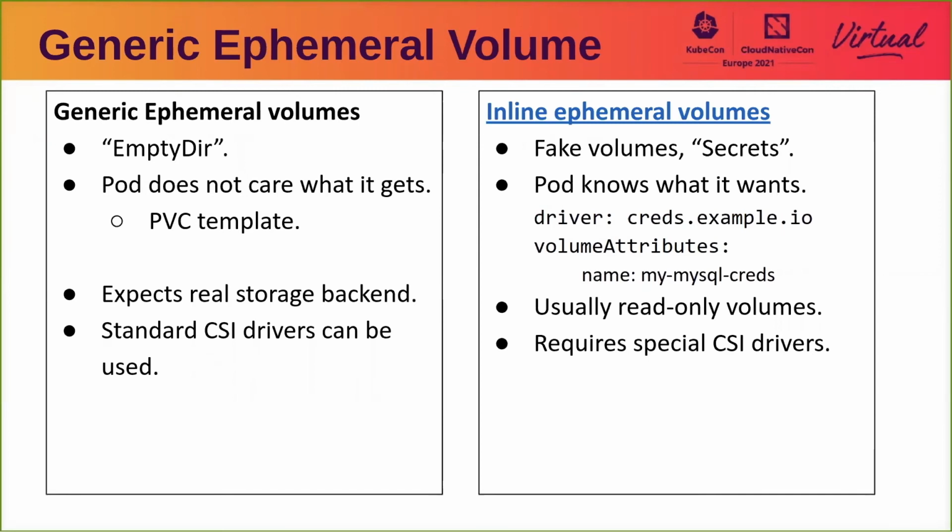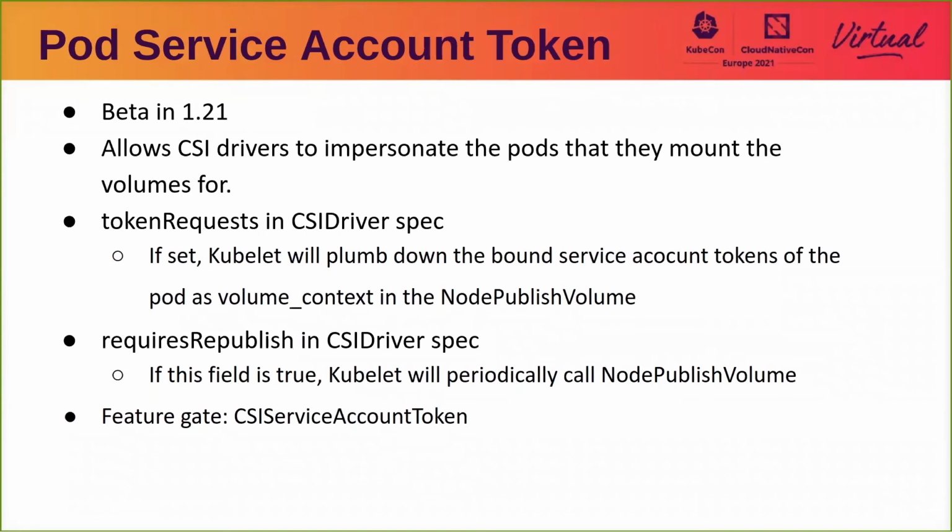And these volumes are kind of read-only or not persistent at all, and they are fake. And what's important here, they require special CSI drivers, because this is a Kubernetes extension of the CSI protocol, and you can't use a regular CSI driver for them. So please distinguish these two kinds of ephemeral volumes. They are both ephemeral, they are both inline in pods, but they have different use cases and they should be used differently. Now handing back over to Xing to talk about service account tokens.